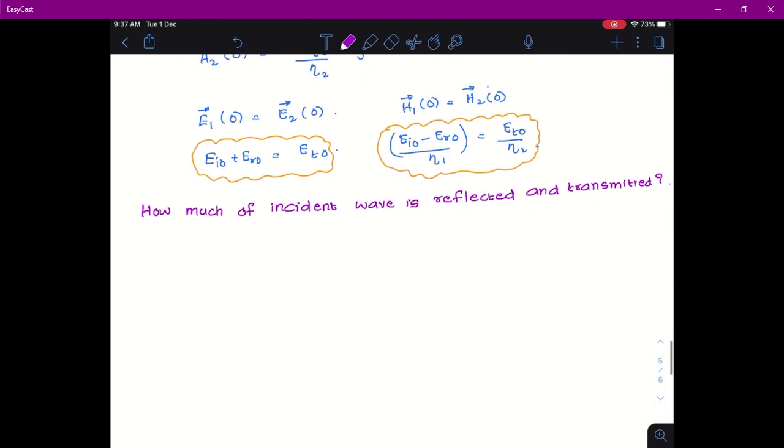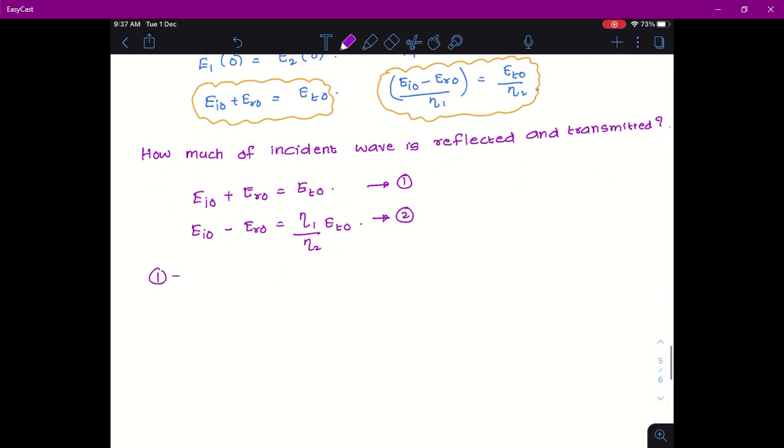Okay, so for that let's do some manipulations. The first equation is EI0 plus ER0 is equal to ET0. The second equation is EI0 minus ER0 is equal to, let's move eta 1 to the top, eta 1 by eta 2 into ET0. That's equation number 1. This is equation number 2.